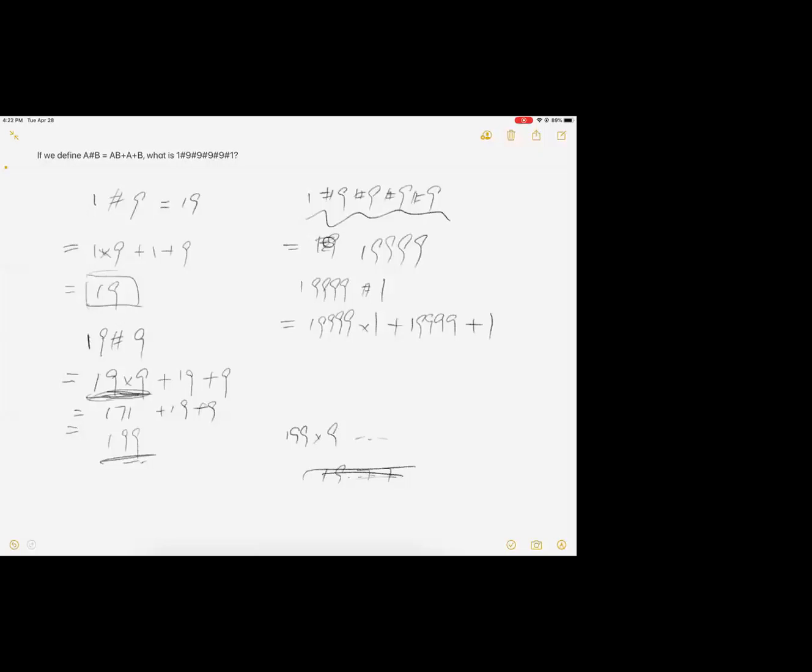And that gives you a total of 39,999. So this is basically this number times 2 plus 1, right? So that's why it's 39999. So that's the answer. Correct? Yeah. All right. So any other solutions to this?